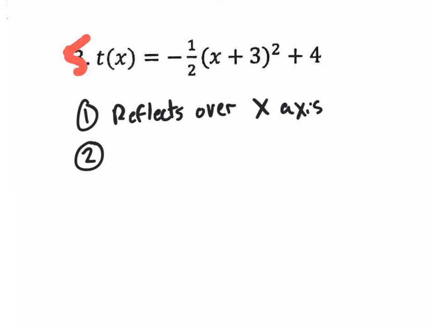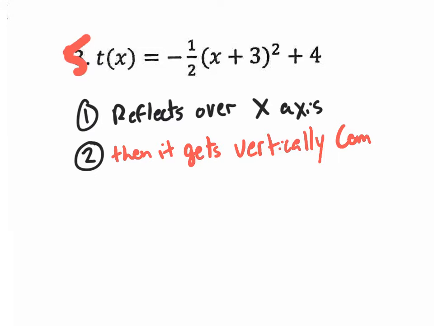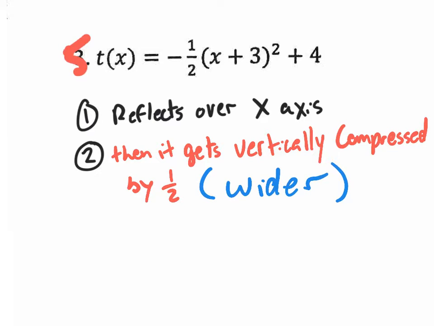So you would say, then it gets vertically compressed by what? By 1/2. Perfect. Now, of course, if you're explaining it to somebody, you might even want to put this in parentheses. Vertically compressed means it gets wider, right? But I'm going to be looking for this word and that word, vertically compressed instead of wider.